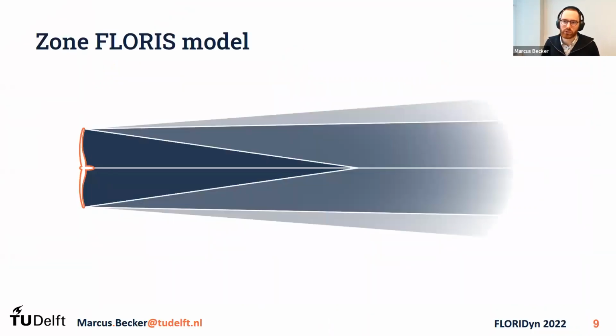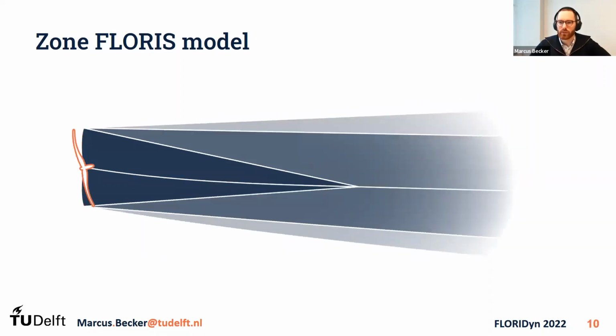The first FLORIDyn model is based on the zone FLORIS model. The name comes from the fact that this wake is divided in different zones, so 6 plus the environment. And each of these zones is described by a border. And then within these zones, we have a description of the reduced wind speed.